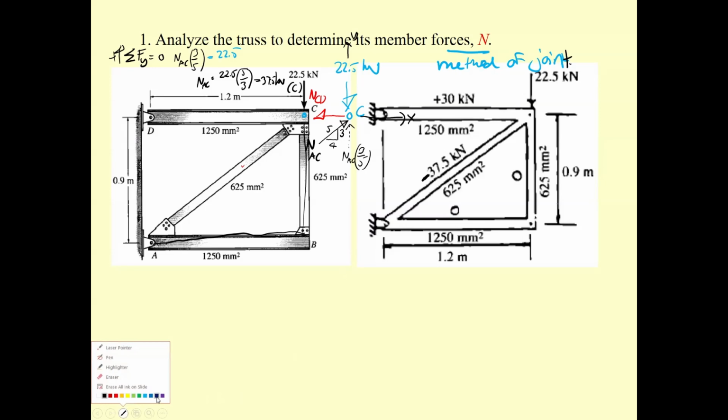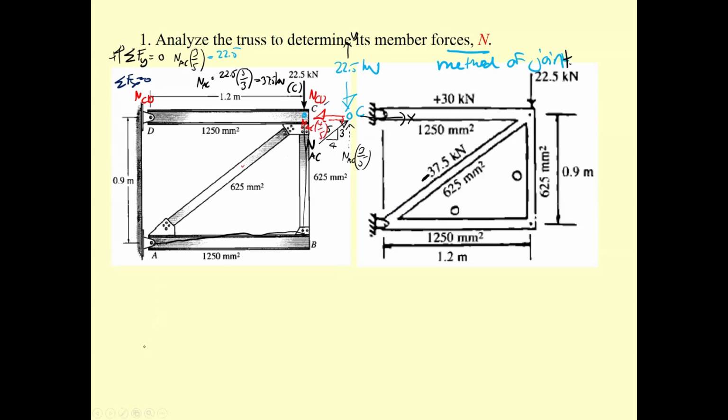Now, the second one, summation of F sub x equal to 0. You're looking for N sub CD. This one is going to be in the opposite direction to N sub AC times 4 over 5.